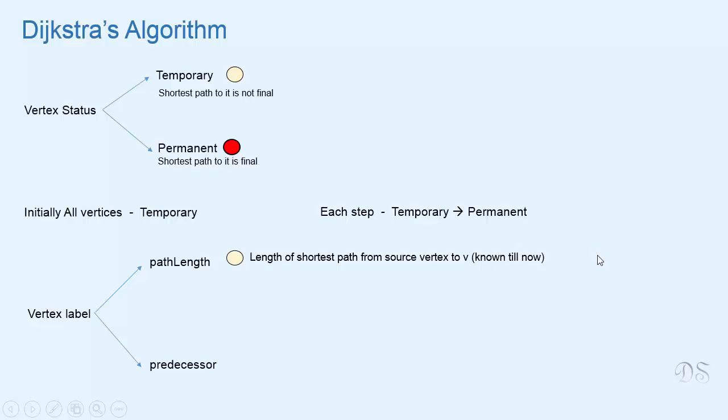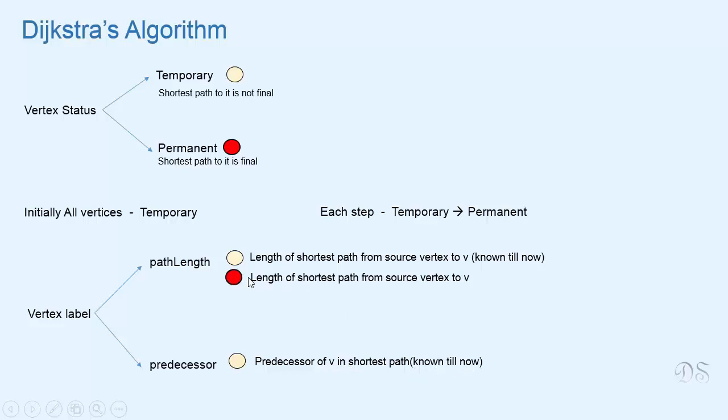As the algorithm proceeds, we might get a better path from the source vertex to vertex v, and in that case we'll change the value of this path length. Now, the predecessor of a temporary vertex denotes the predecessor of v in the shortest path known till now. For a permanent vertex, the path length denotes the length of the shortest path from the source vertex to v, and predecessor denotes the predecessor of v in the shortest path.